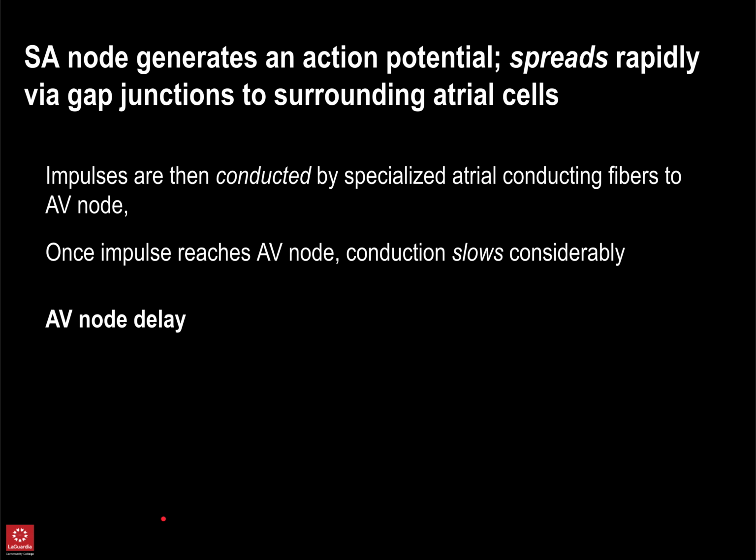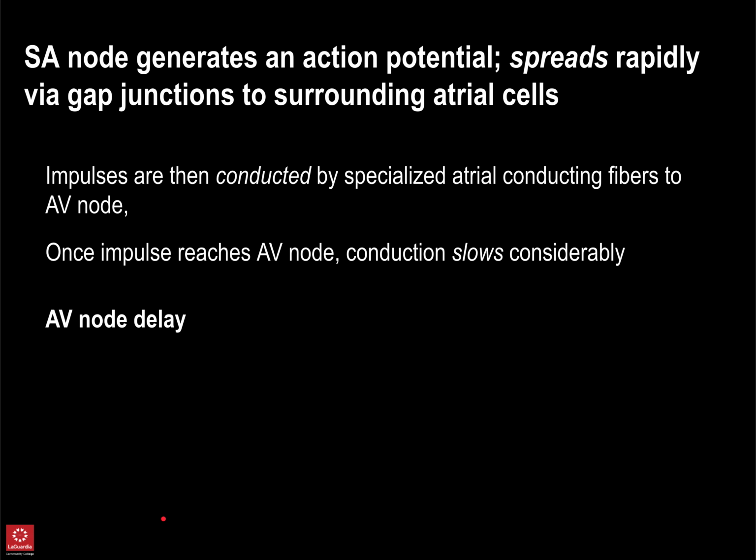Impulses are then conducted by specialized atrial conducting fibers to the AV node, a process that altogether requires about 0.03 seconds. Once the impulse reaches the AV node, conduction slows considerably as a result of 2 factors.